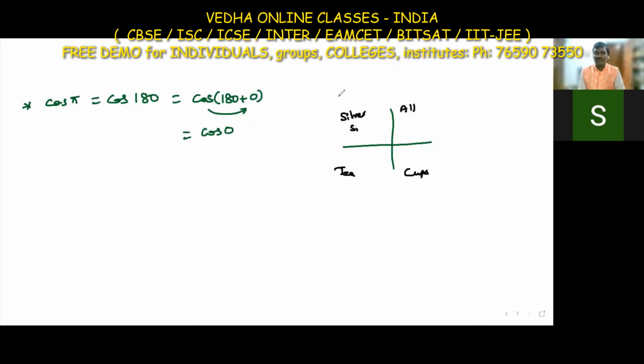I'm using a different color: sin theta positive, and here tan theta positive. Here the first letter is C, that means cos theta is positive. What about A? A means all are positive. In the first quadrant, all are positive.